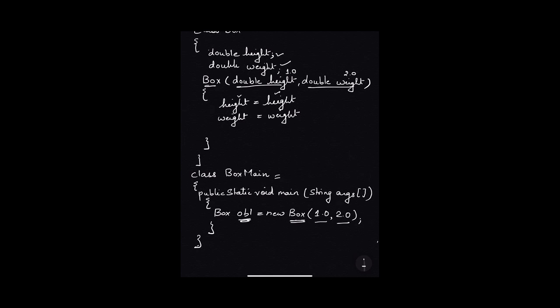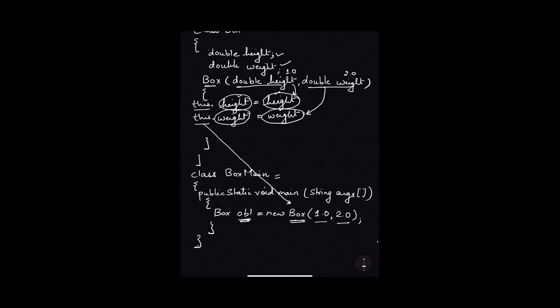To solve this, we use the concept of the this keyword. This points to the object whose instance variables are height and weight, whereas the plain height and weight belong to the arguments of the parameterized constructor.